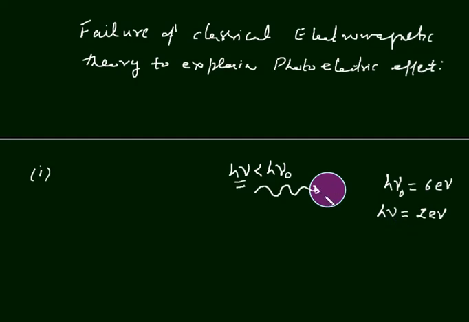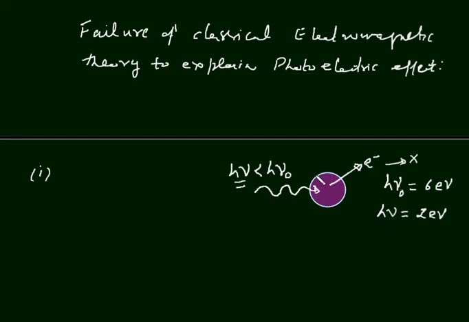This level will increase after some time to 3. Then it will be 4, 5 and 6. When it reaches 6, there should be some ejection of photoelectron. But actually there was no ejection of photoelectron in this case.